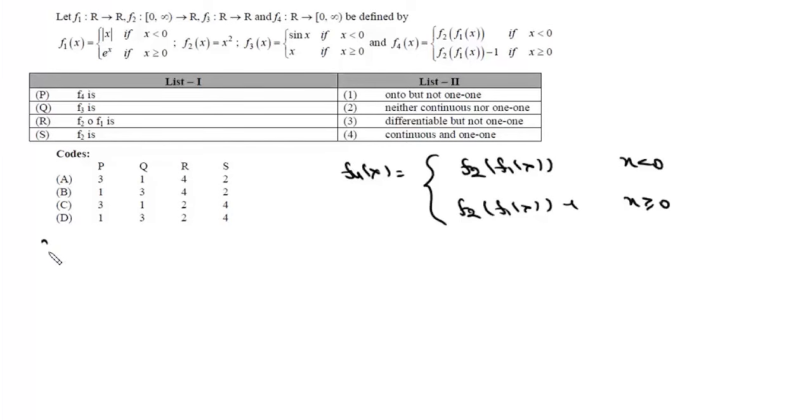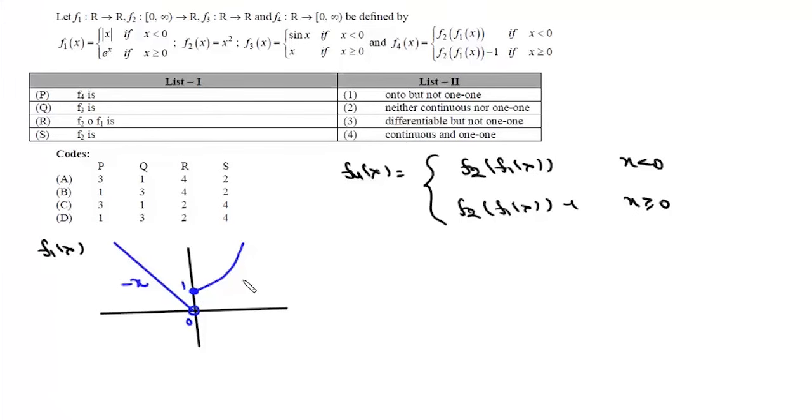Now what we'll do is we'll draw the graph of f1(x). When x is less than 0, it is mod x. That means it'll be this, minus x, and when x is greater than 0, it is e to the power x. Not included here and included here.